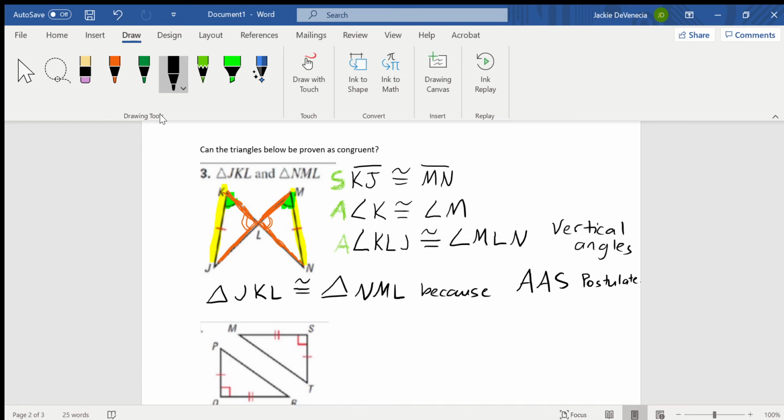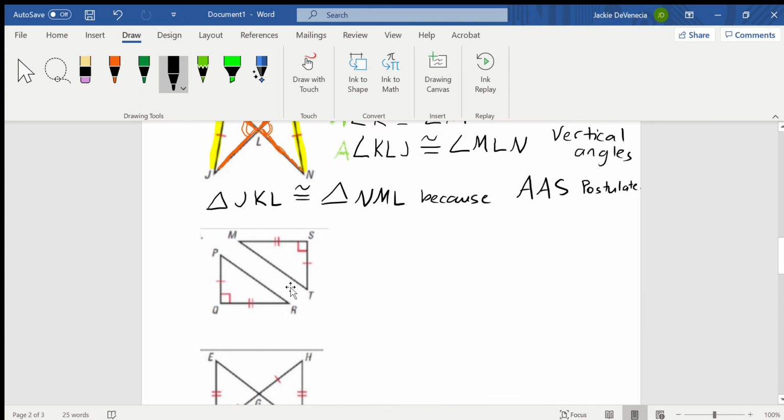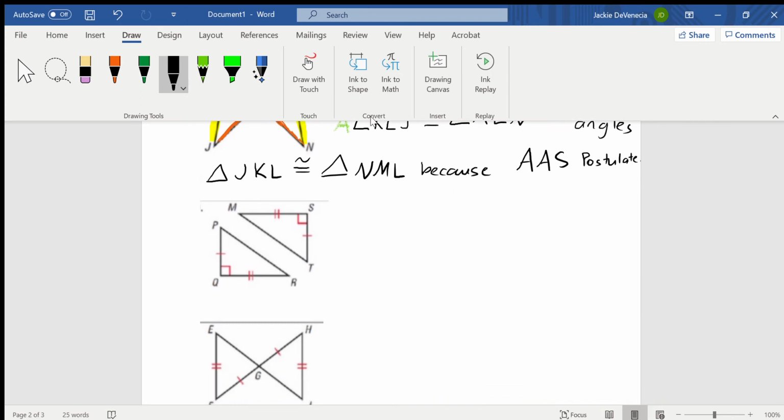All right. Let's look at another example. So down here we have triangles PQR and then we have TSM, right? So I know that they're kind of flipped over. So let me just redraw this TSM right down here.